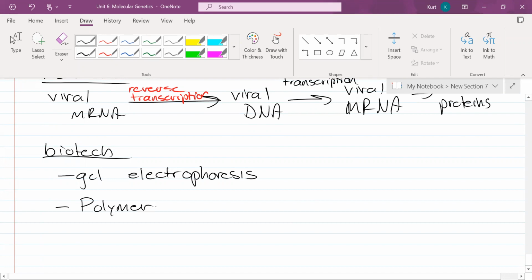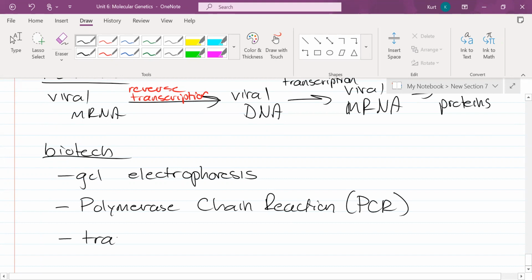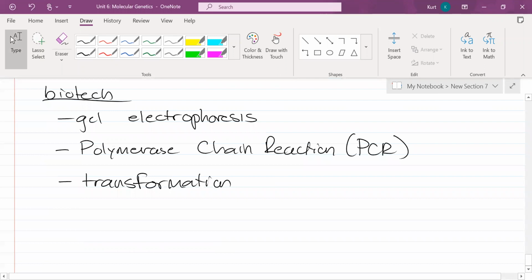We have polymerase chain reaction. This is known as PCR. We have transformation. You did this example with the bacteria. Remember, you were cutting things out and adding a human gene into a bacterial plasmid. That's called transformation. And then DNA sequencing, where you actually read the DNA and translate what the codes mean.